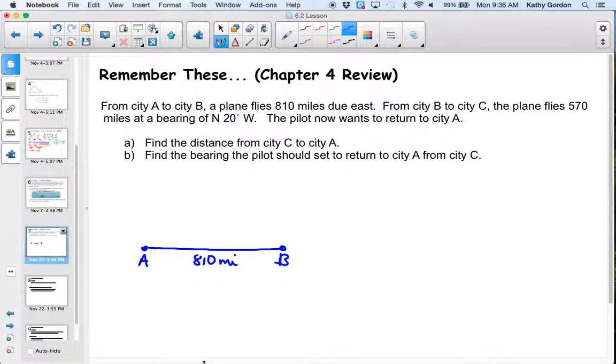Then from B to C, the plane flies 570 miles at a bearing of north 20 west. So if this is north, we went 20 west, looks something like that. And that's supposed to be 570 miles. Not degrees.